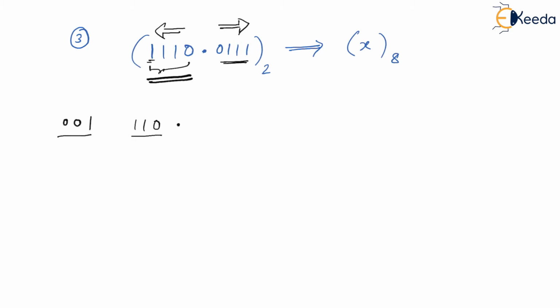Now talking about the fractional part, the number present after the decimal point, as I instructed, you have to make groups of 3 bits but from left to right. So let me take 0 1 1 first. As you can see, only 1 is left. So only one logic 1 is left. Again, you have to do the same thing. To make the group of 3 bits, you have to add extra zeros.